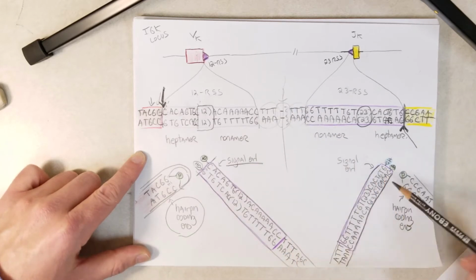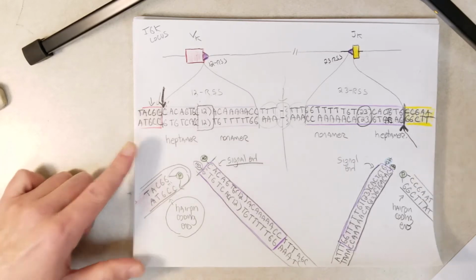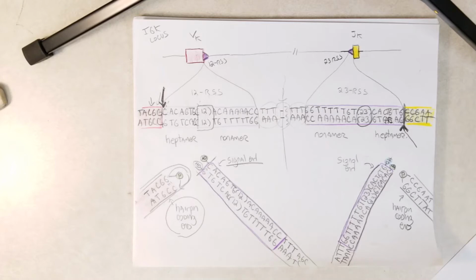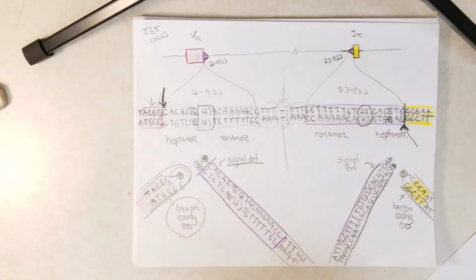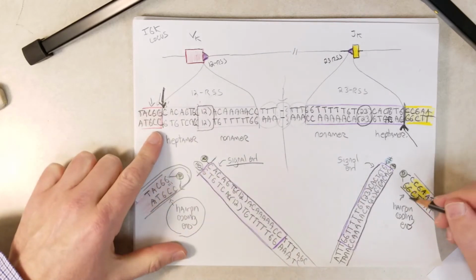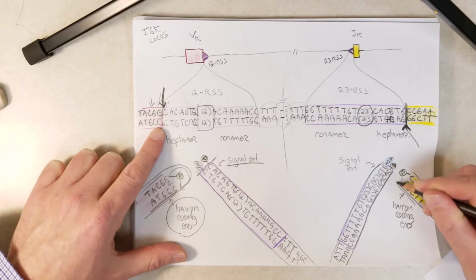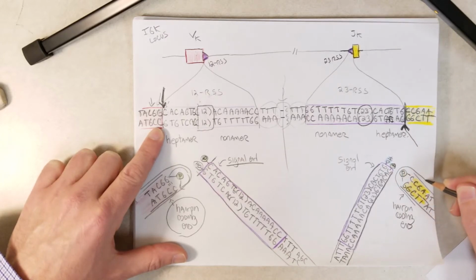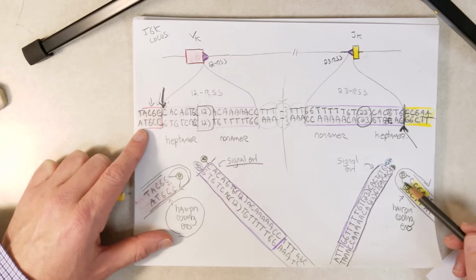Same thing happens on the other side. So we get the break here, and then this TTCGG, TTCGG. Oh, I didn't color that in. So this phosphodiester backbone right here is now going around without any breaks. There's no loose phosphate or hydroxyl here.